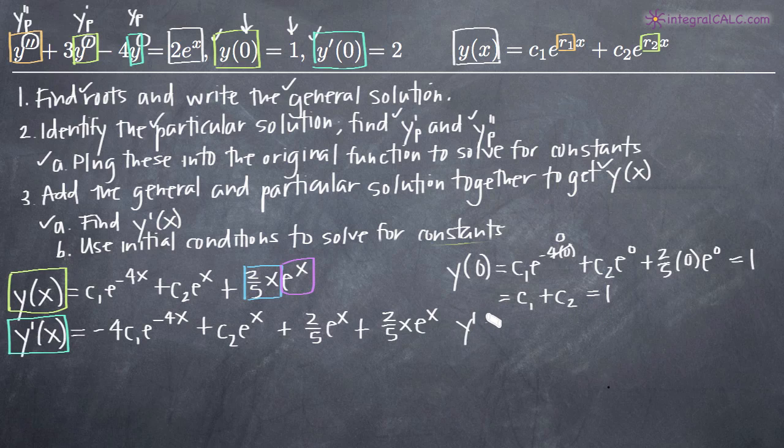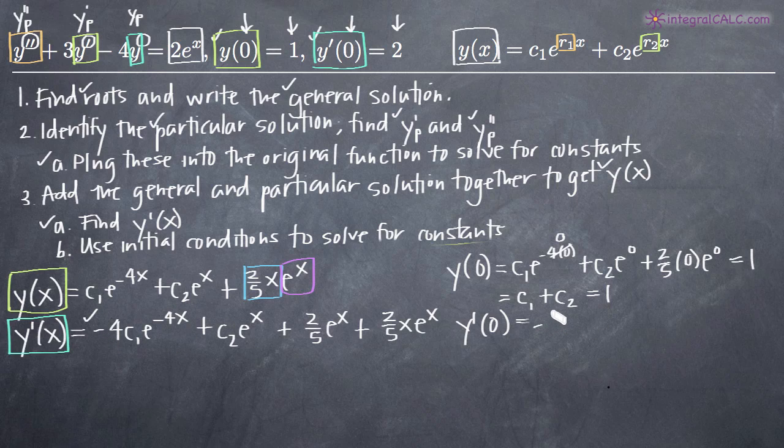So here, for our second initial condition, we'll plug in 0 for x and set it equal to 2. So we'll say y prime of 0 is equal to... wrong thing. Remember, I'm looking at the first equation, the one we're plugging into here.